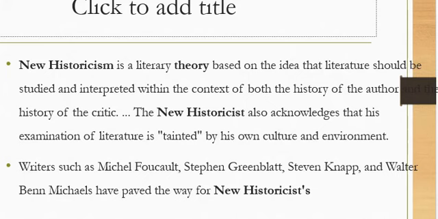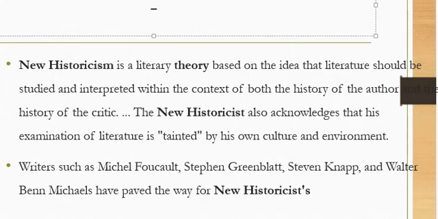Among these, Michel Foucault is one of the well-known and very famous authors in the field of literary theory, and he has described clearly all the aspects of New Historicism, not only in this theory, but he is part of all other available theories as well, because he is the most pivotal person who has been making ways for different types of interpretation in the literary arena. That is why he is one of the well-known authors in the field of literary theory.